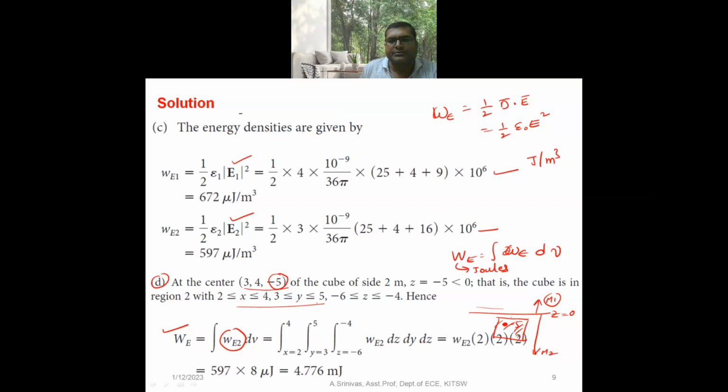The ranges of x, y, and z are given. Energy density in medium 2 along x, along y, and along z, the lengths are given. And based on that, the calculated energy density is associated with the volume which is centered at 3 comma 4 comma minus 5.